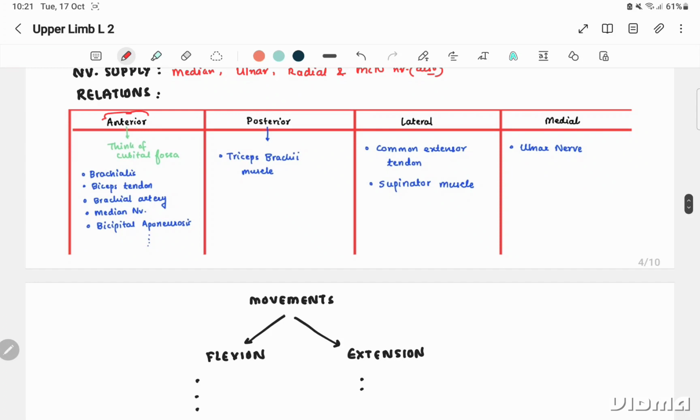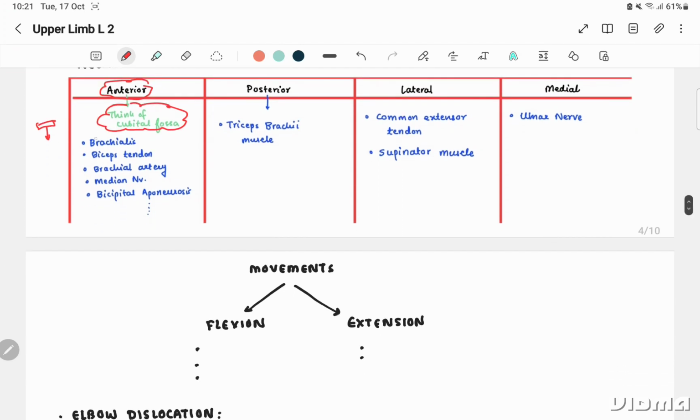So let's say, what is the anterior relation? The roof of the elbow joint means the elbow joint just lies deep to the cubital fossa. Okay, think of cubital fossa. So what was there in cubital fossa? We have brachialis, the biceps tendon, the brachial artery, median nerve, bicipital aponeurosis.